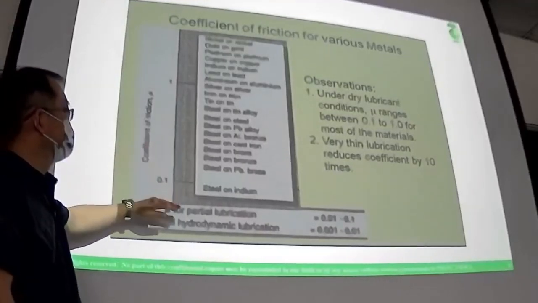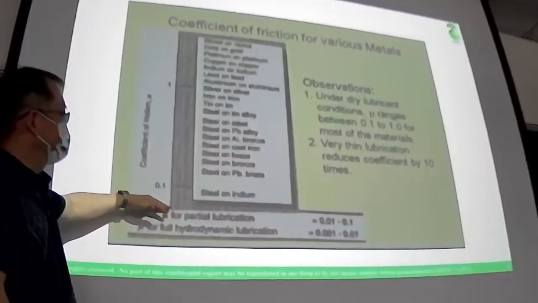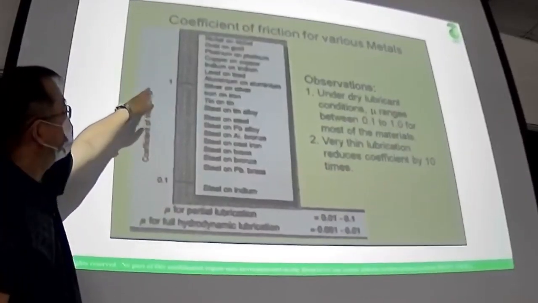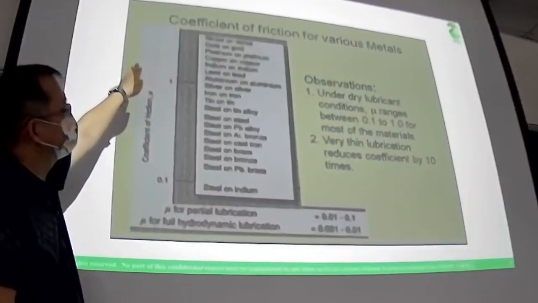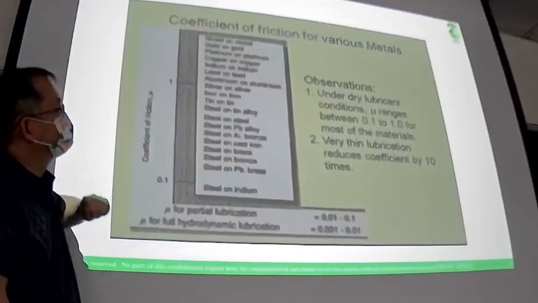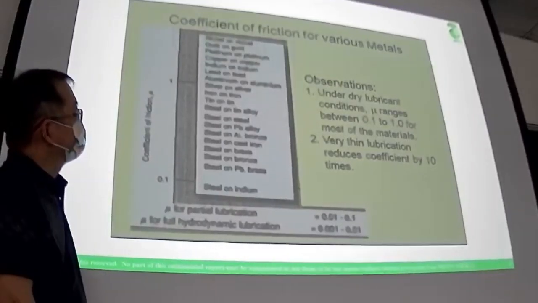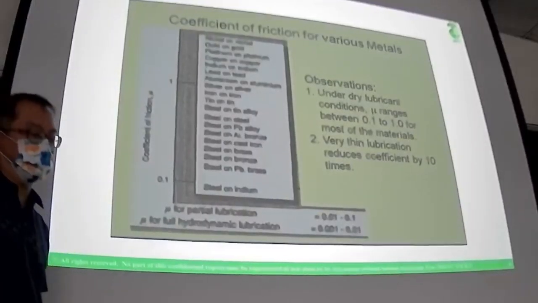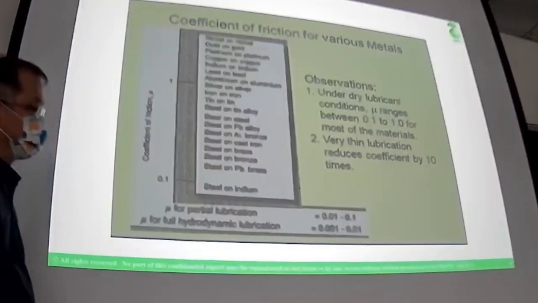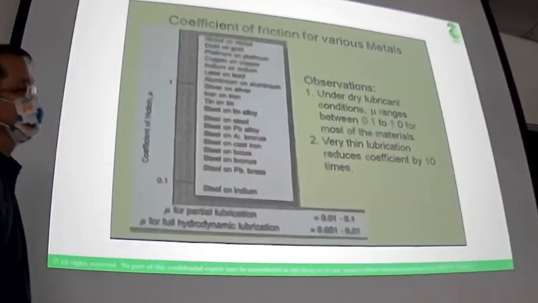On the bottom line you have 0, 0.1, 1, more than 1, maybe 2. So you have different contacting conditions, and you need to give a system property.